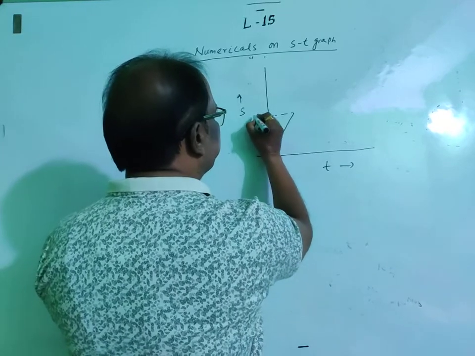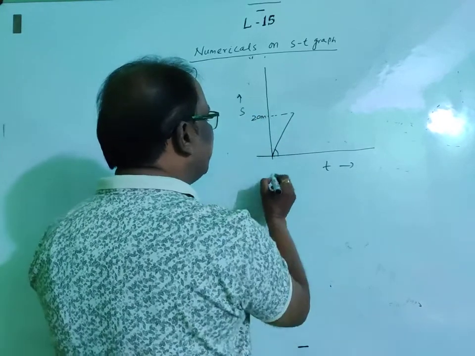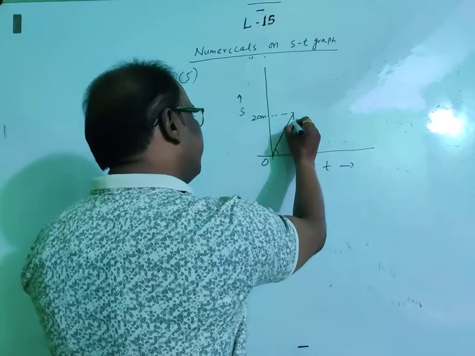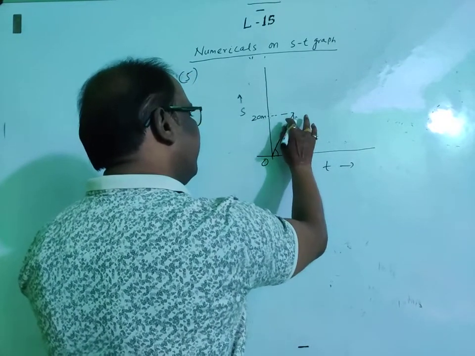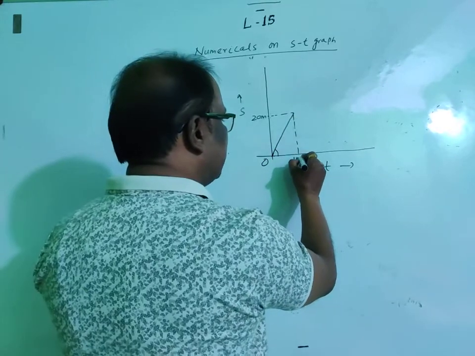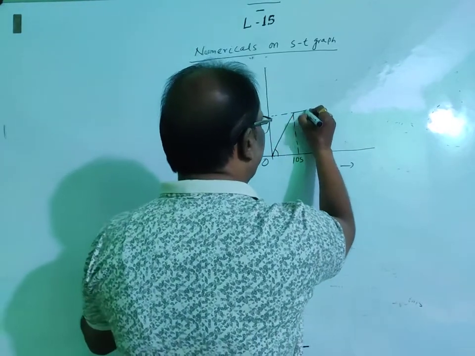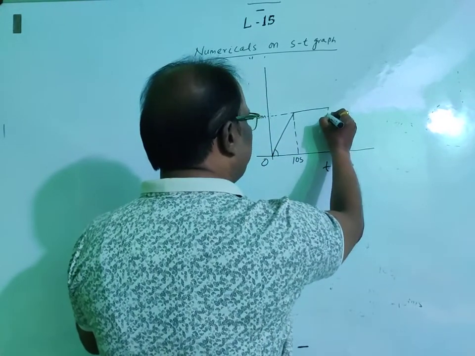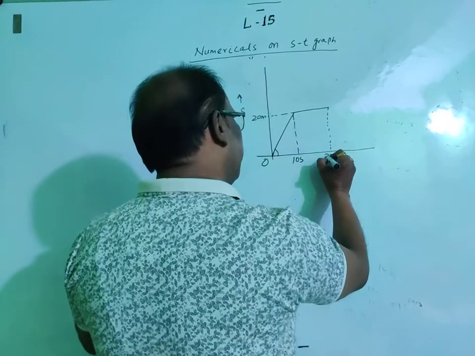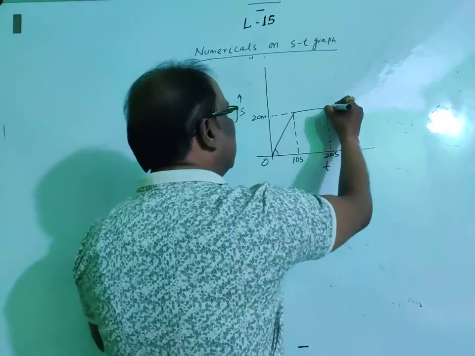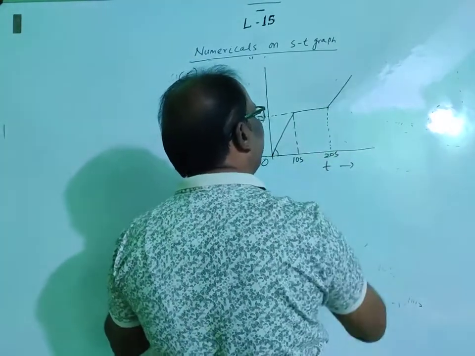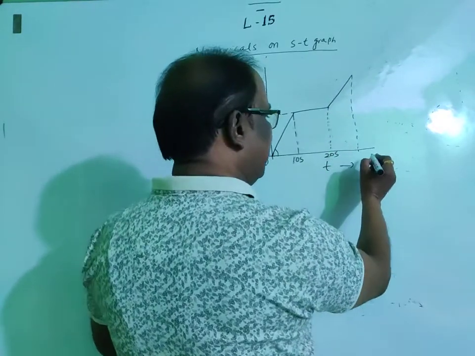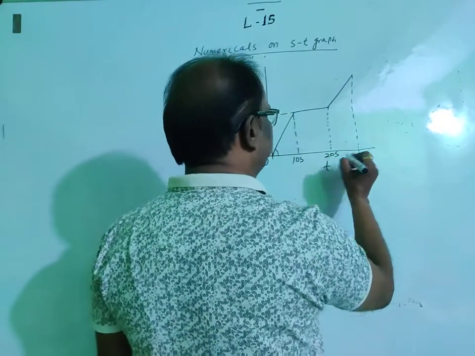This refers to 20 meter. Position is 20 meter. This is 0, and this time is like 10 seconds. Thereafter, parallel to the time axis, let this time be 20 seconds, and then up to this. Let this time be 30 seconds.